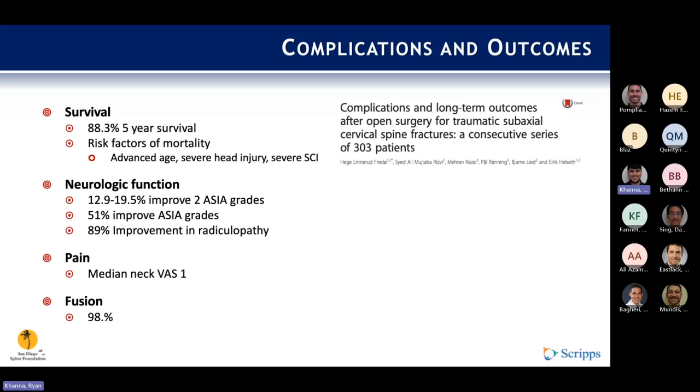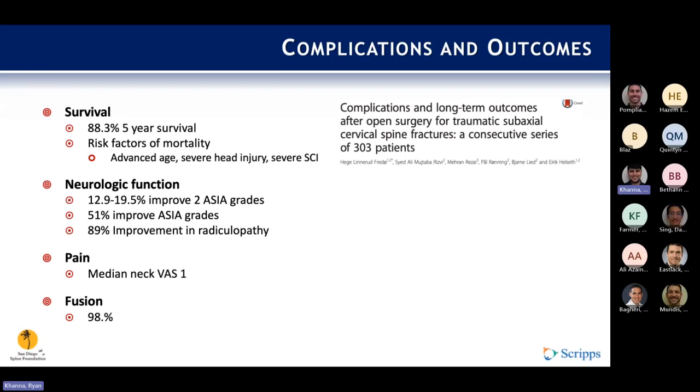Overall, for patients with subaxial cervical spine trauma, close to 90% of them have a 5-year survival. Just like any other disease we see in the spine, if they have advanced age, severe head injury, or severe spinal cord injury, they're more likely to face mortality.